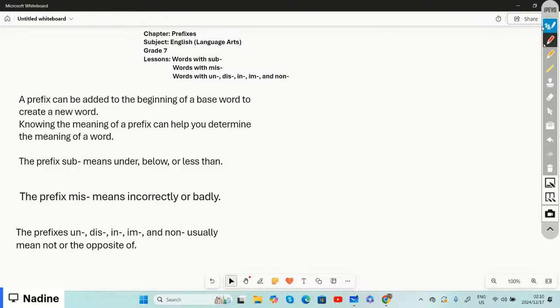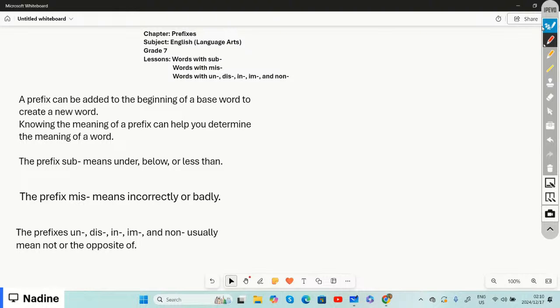So if we have our base word, we already know the meaning of the base word. But now we're latching on a prefix to the beginning of that base word to create a new word.